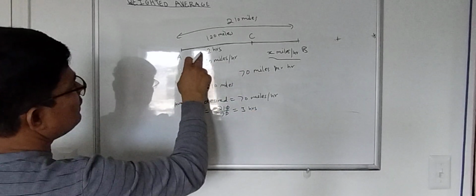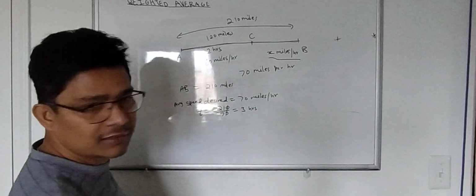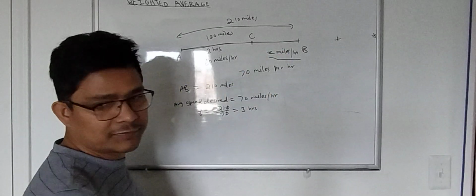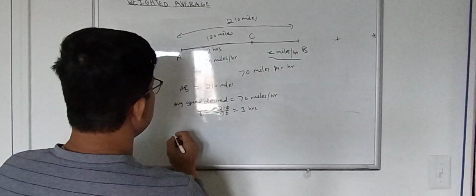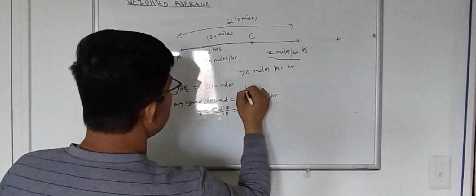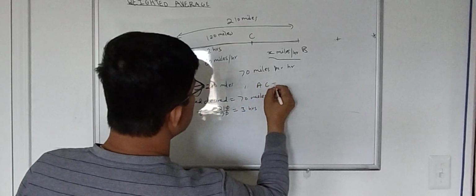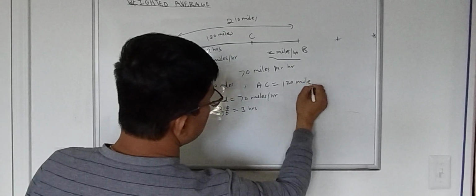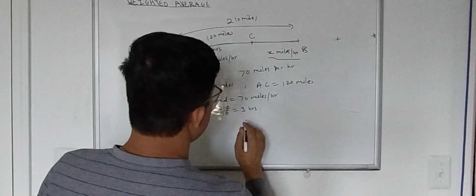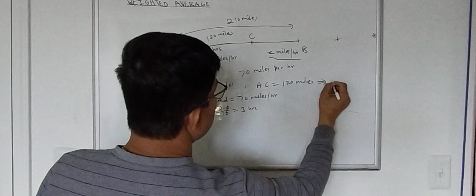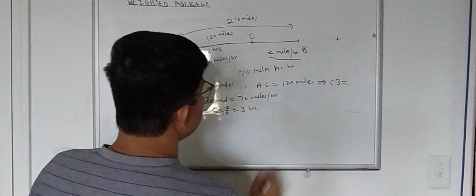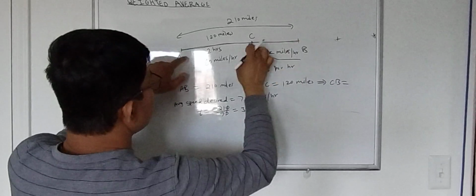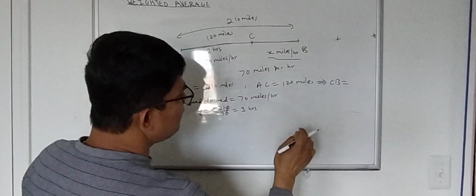Out of 3 hours, it already traveled 2 hours. And what is the remaining distance from C to B? If AB is 210 miles and AC is 60 times 2, 120 miles, then can you tell me what CB will be? AB minus AC, the whole distance minus this distance, correct?